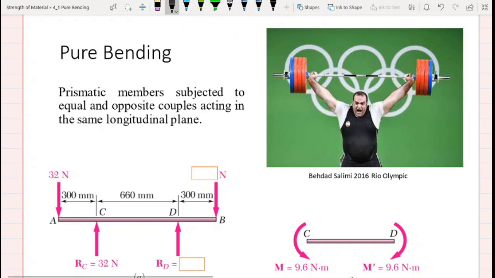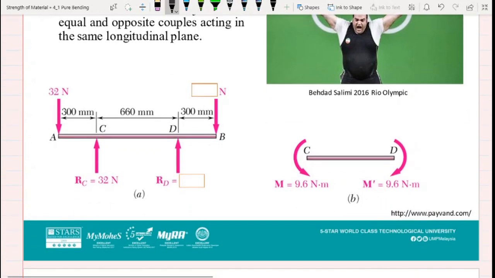Behdad Salimi in 2006 Rio Olympics actually broke the record with 216 kg but was unable to get any medal due to disqualification. If we look at the bar, it carries equal weight at equal distance from the hands of the weightlifter. Because of the symmetry of the free body diagram of the bar, as we can see in this figure, the reaction at the hands must be equal and opposite to the weight.